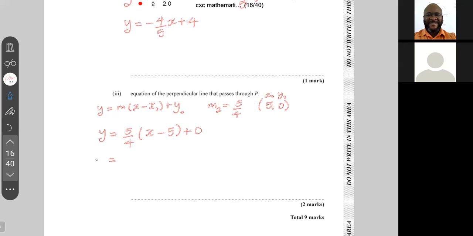Distributive law, y is equal to 5 over 4 x minus 5 over 4 times 5 is 25 over 4 plus 0. And when you add 0 to anything, you don't change it. So the answer we're looking for is y is equal to 5 over 4x minus 25 over 4.